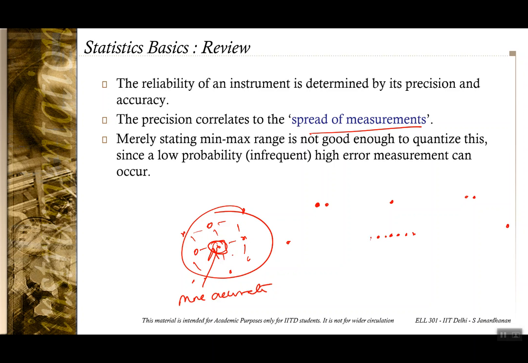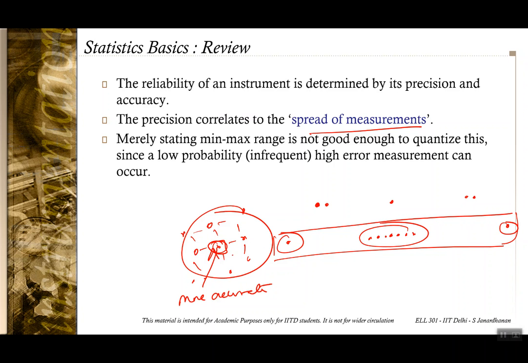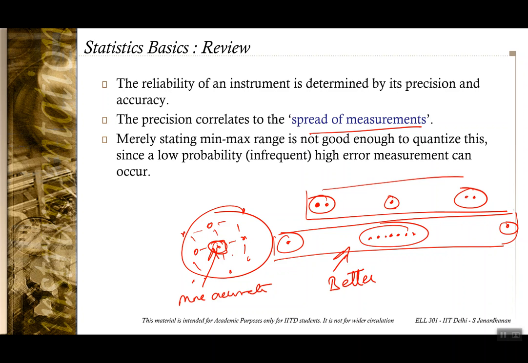So it is quite clear that in the second case most of the measurements are bunched together and there are a few outliers, while in the first case, in most probability the error is higher. So this is actually a better case than this one. Okay, and intuitively we are able to say that because the high error cases are infrequent in this case.